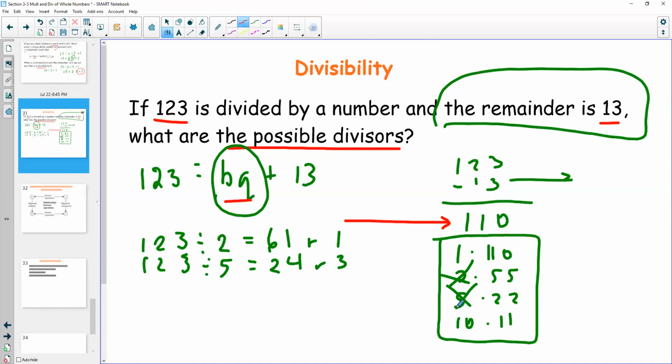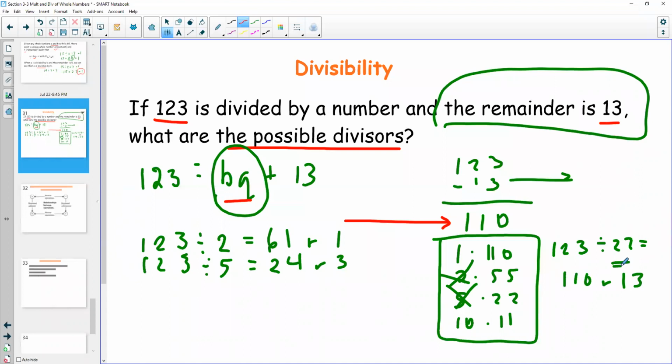I will tell you that I know that 22 works, right? 123 divided by 22 gets me, let's see, 22 times 5 is 20 times 5 is 100, and 2 times 5 is 10, so 110. 110, remainder 13, that works. What do you notice here?